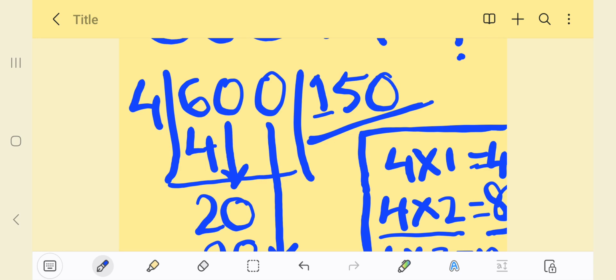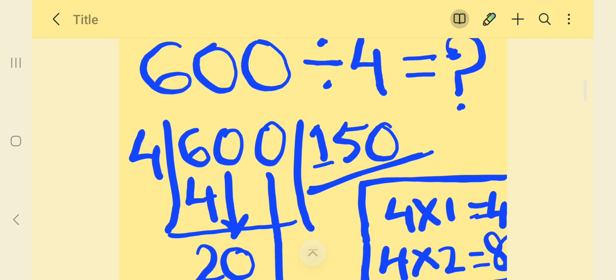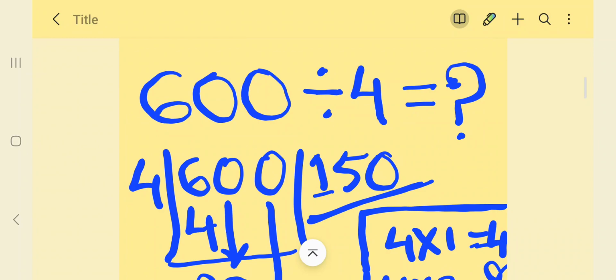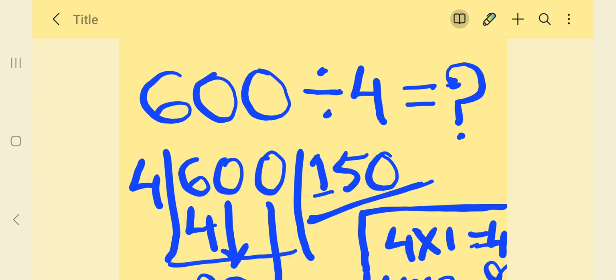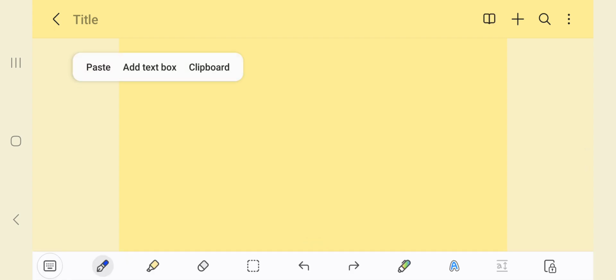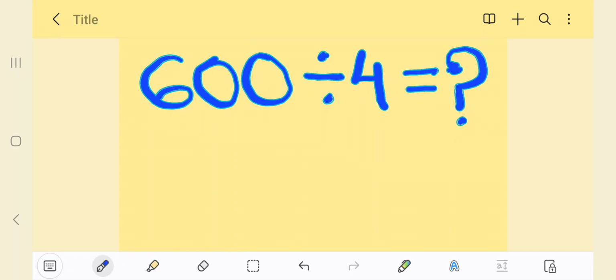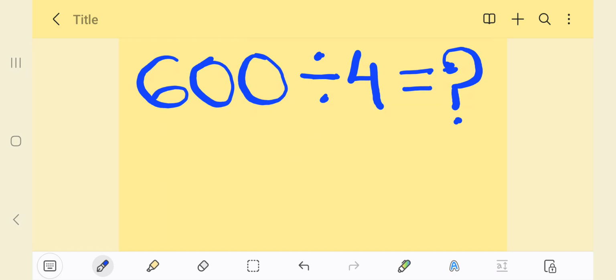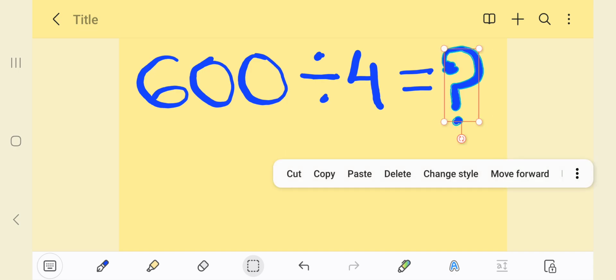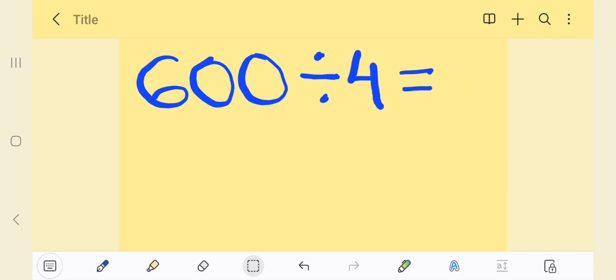I would like to write it separately so that everything is understood nicely. And what was the math here? I put the question first, then I'll put the answer, of course. This was the question, and it was asking us, 600 divided by 4 equals what?